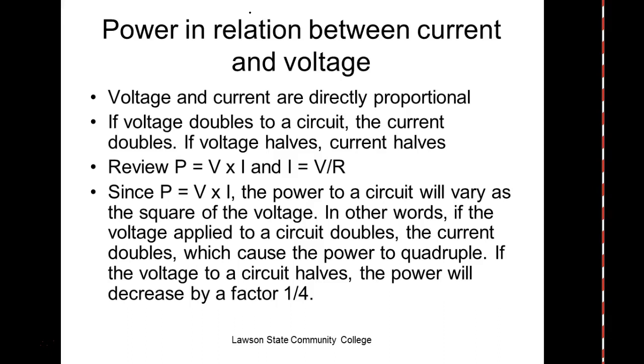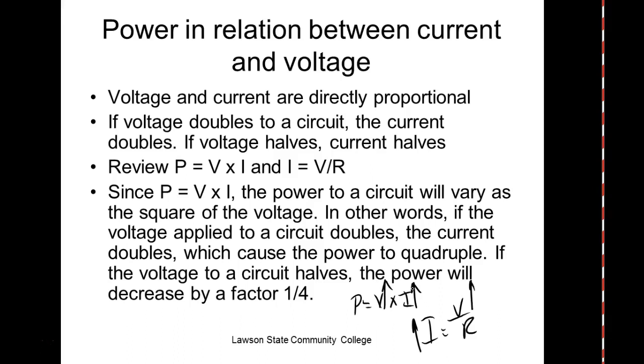But power is equal to V times I. I is equal to V over R. So if I double my voltage, I double my current. So power varies with the square. If you double your voltage, your power goes up by 4 times.